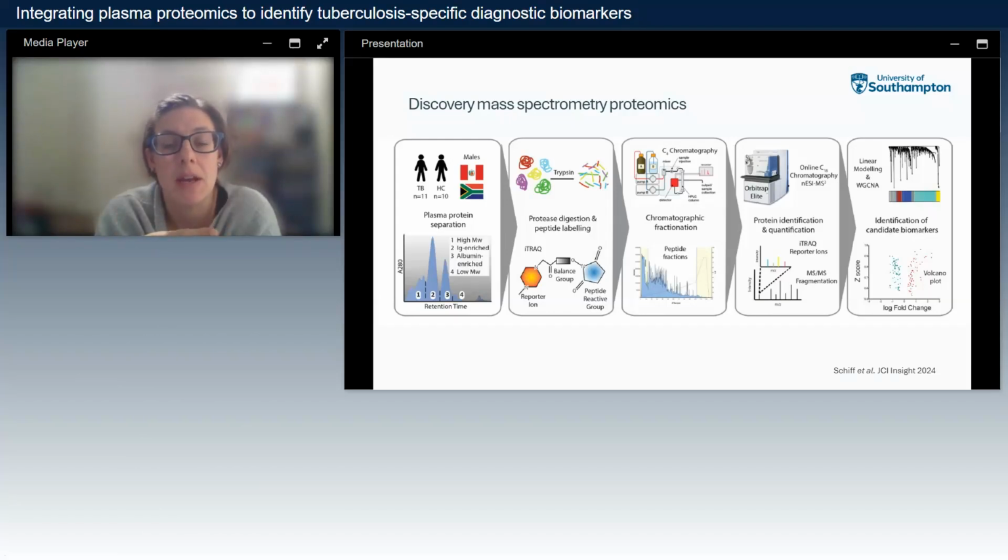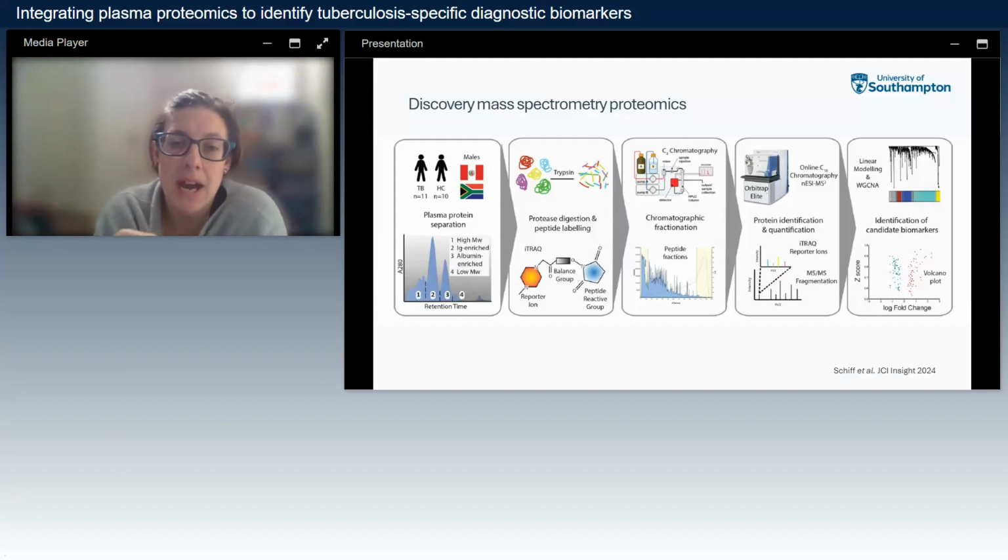We separated the plasma proteins out initially by size exclusion chromatography into loose plasma segments of molecular weight. Then we went on to trypsin digest the proteins and label them, and then expose them to orthogonal serial chemical chromatographic separations, which separate the peptide fractions out. Each peptide fraction was then individually loaded into the mass spectrometer for analysis.